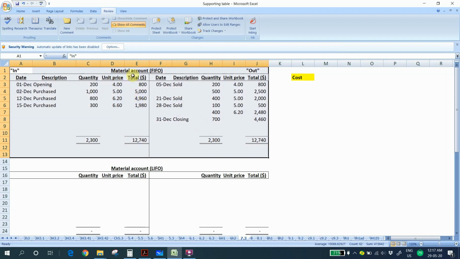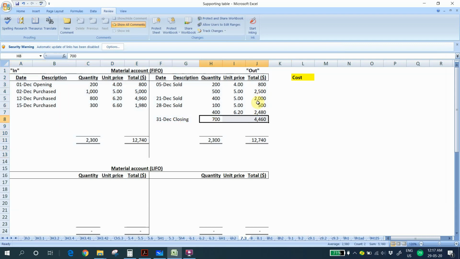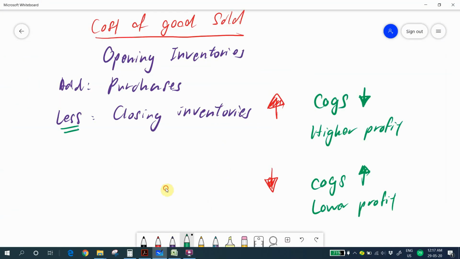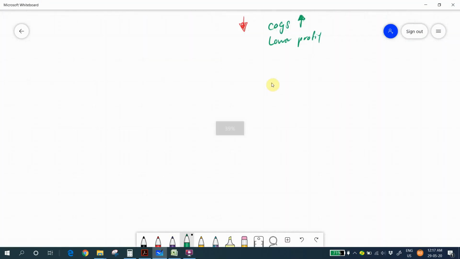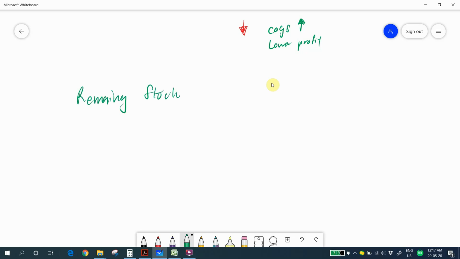And for the material account, actually we can do some working to check whether this answer is correct. So let's take a look. We know that the remaining stock is how much? It is 700 units.